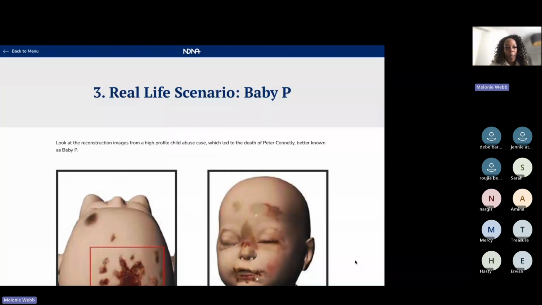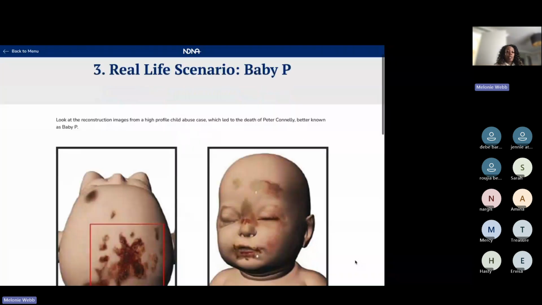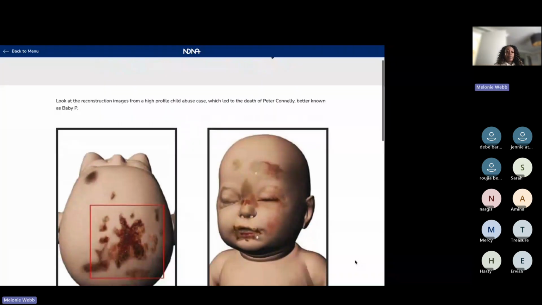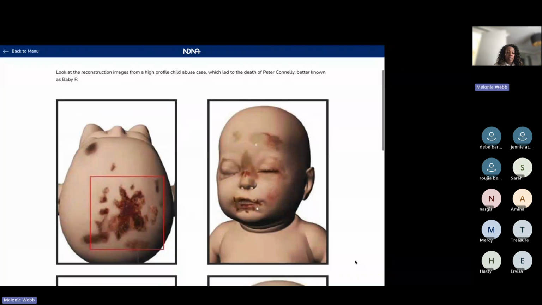So we're going to talk a bit about Baby P. He was a very high profile case from, I believe, South London, or the case was dealt with actually by several different local authorities, and he was at risk of significant harm, and he was failed by so many different authorities that it actually led to his death. So these are pictures of his injuries.